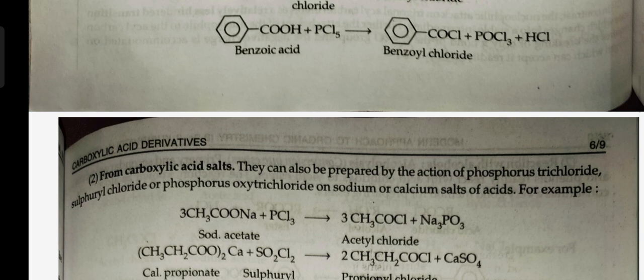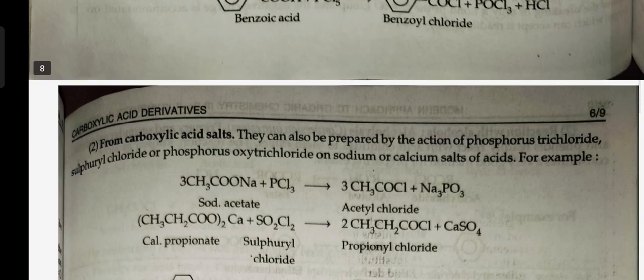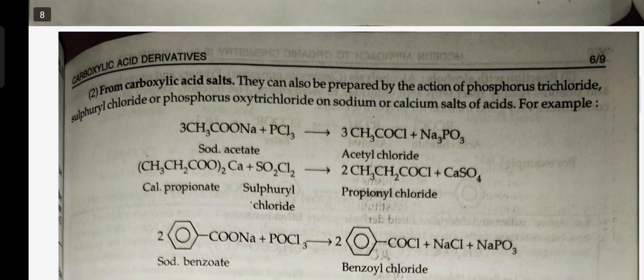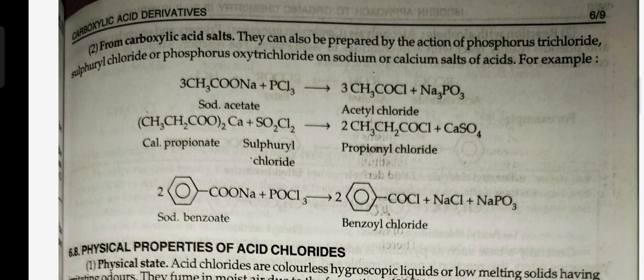From carboxylic acid salts, they can also be prepared by the action of phosphorus trichloride, sulfuryl chloride, or phosphoryl trichloride on a sodium or calcium salt of the acid. For example, sodium acetate plus PCl₃ gives acetyl chloride plus Na₃PO₃. Physical properties of acid chlorides.